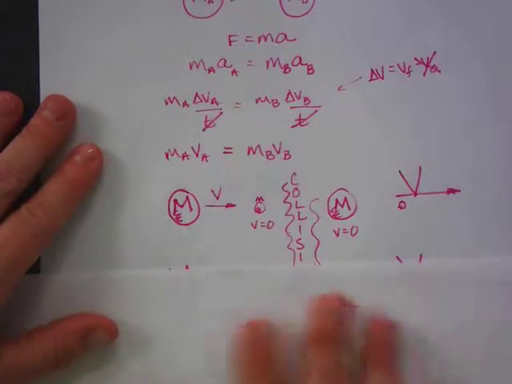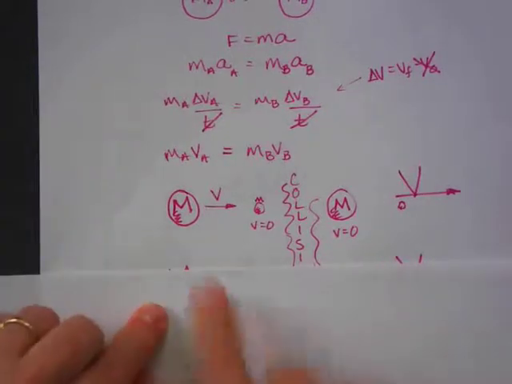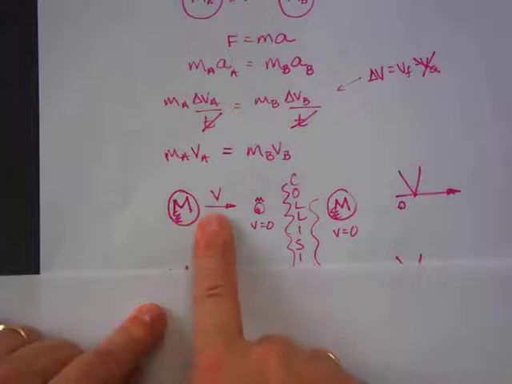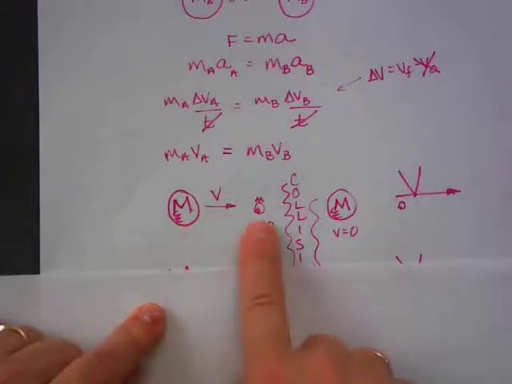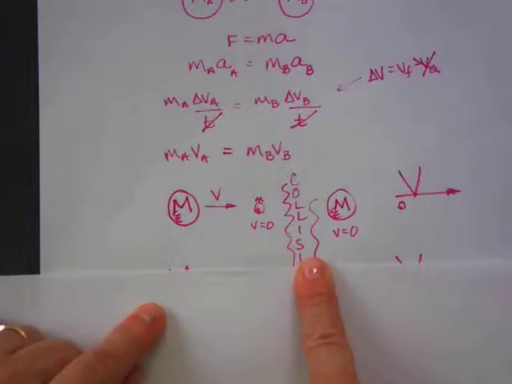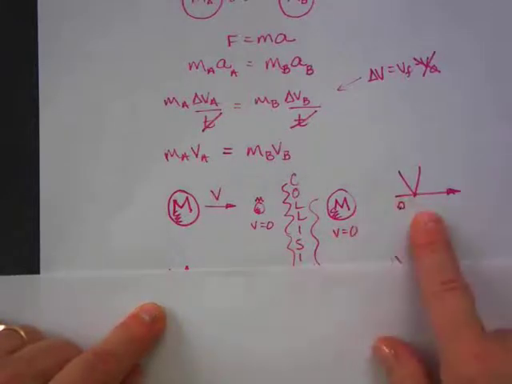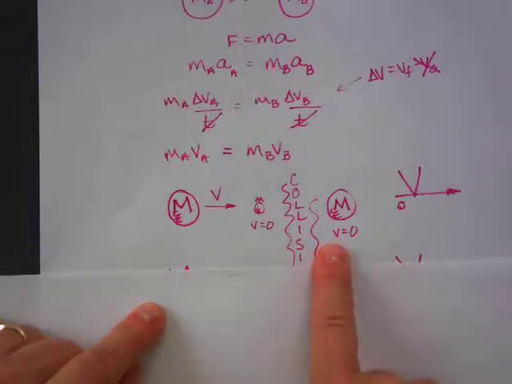So let's think about this in terms of momentum without looking. The big reveal will be coming. So big mass times some velocity v, and this little guy is just sitting still. Collision occurs. All of the momentum is then transferred to the little mass, and now the big mass sits still.